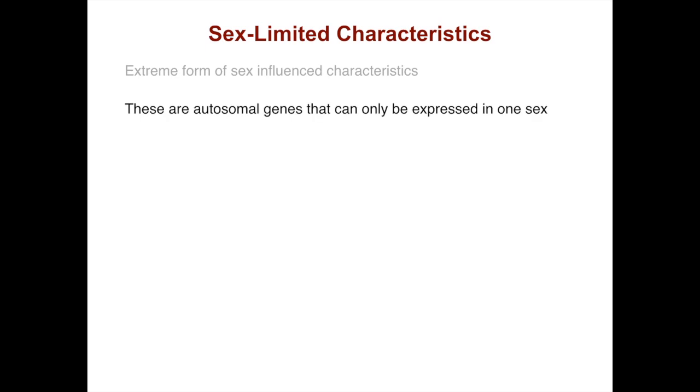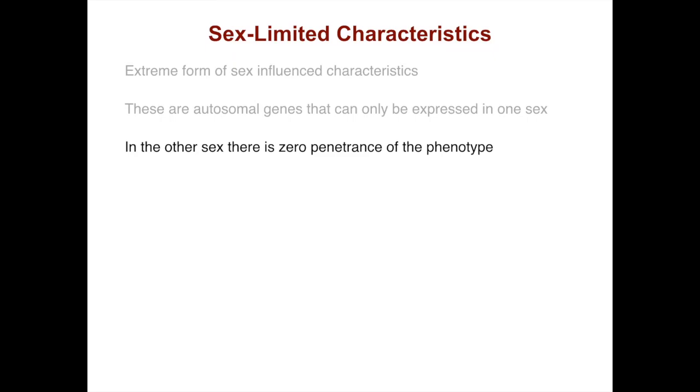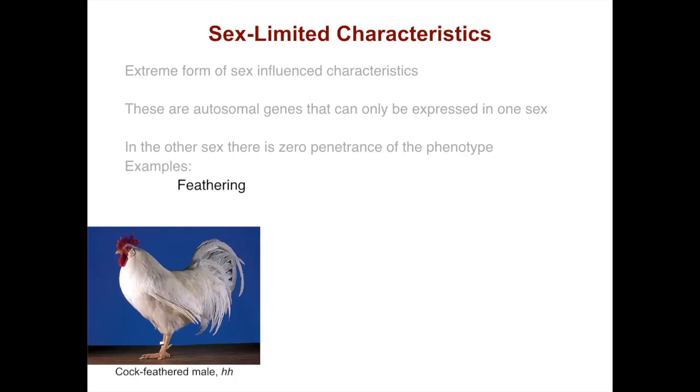Sex-limited characteristics are an extreme form of sex-influence characteristics. These are autosomal genes that can only be expressed in one sex. In the other sex, there is zero penetrance of the phenotype. Examples are feathering in chickens.